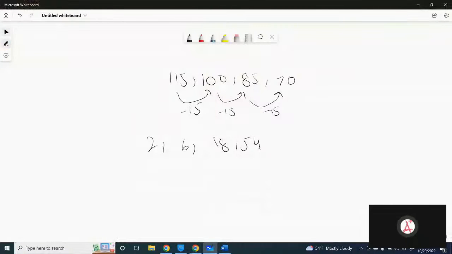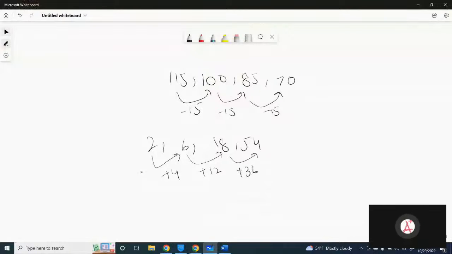Okay, let's see if it is arithmetic. So 2 plus 4 is 6, and 6 plus 12 is 18, and 54 minus 18 is 36. So the common difference isn't the same.